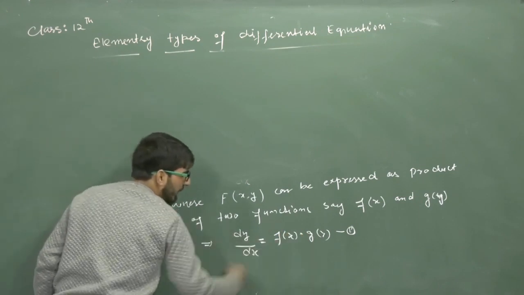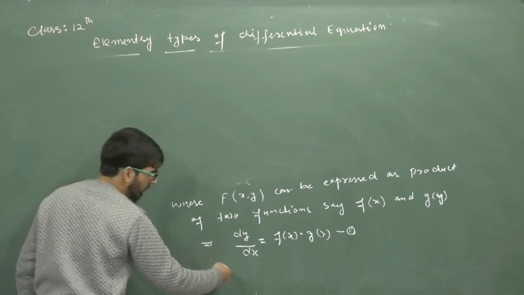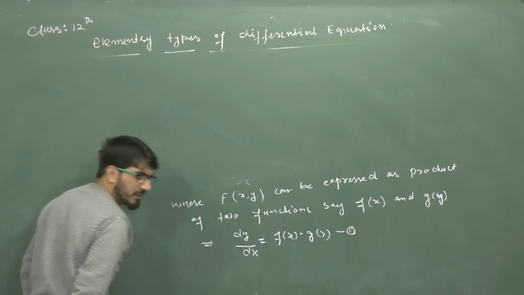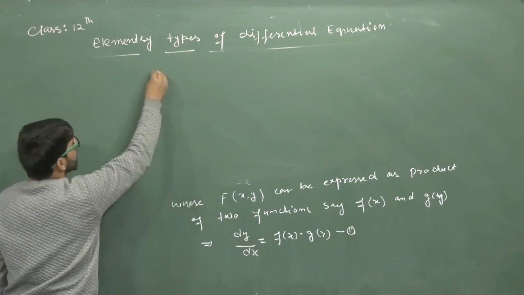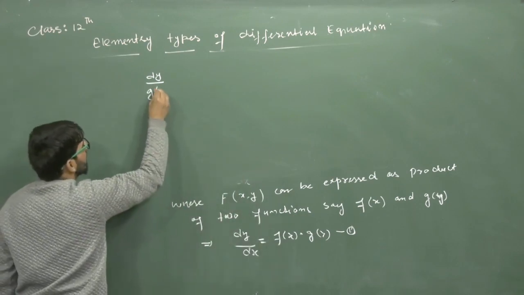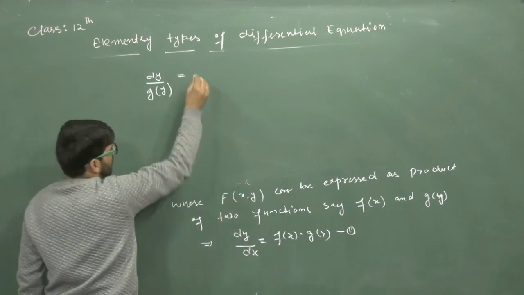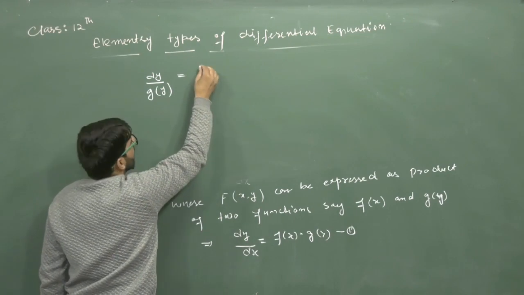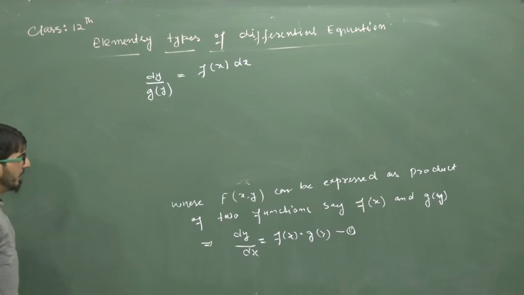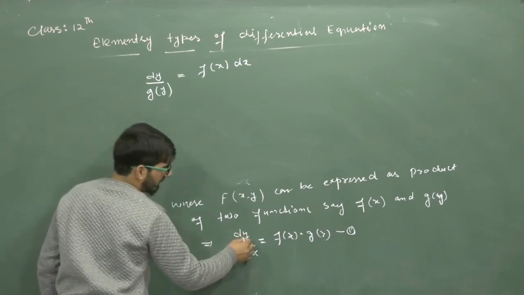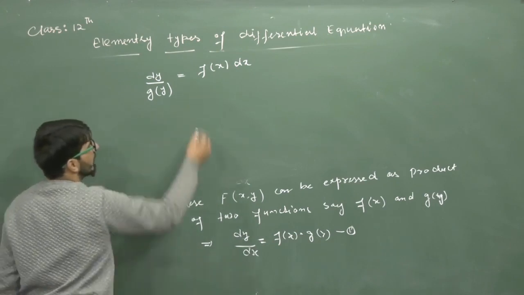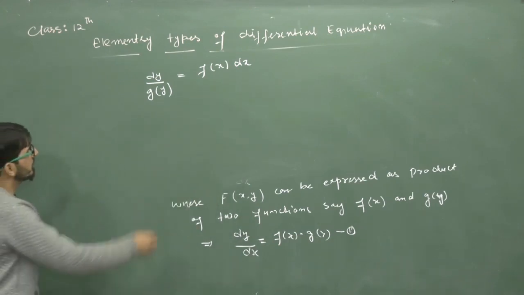Now dy by dx is equal to f of x into g of y. If we separate variables here, we keep the y variable on one side and the x variable on the other side, which gives us dy divided by g of y is equal to f of x dx.